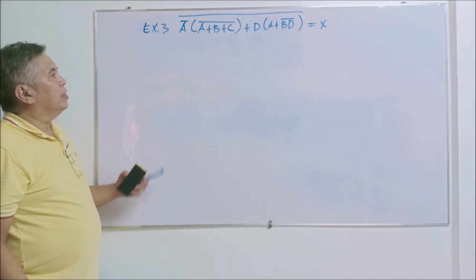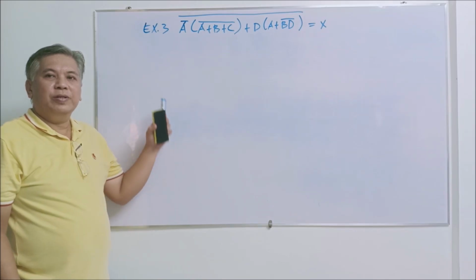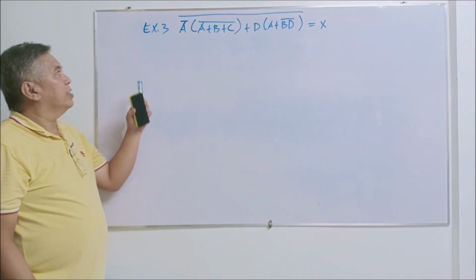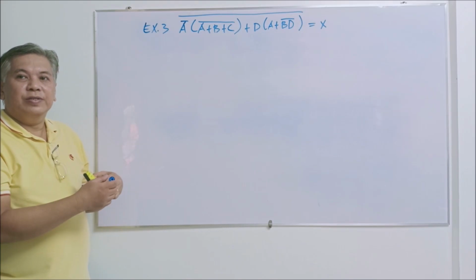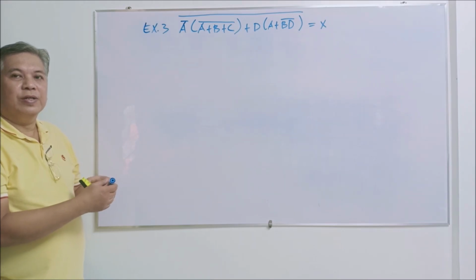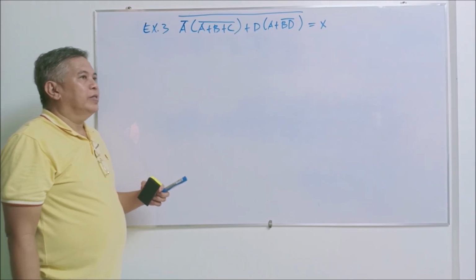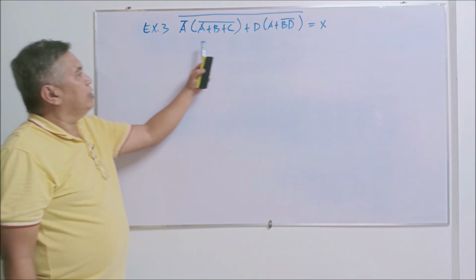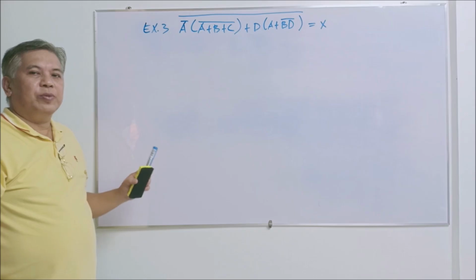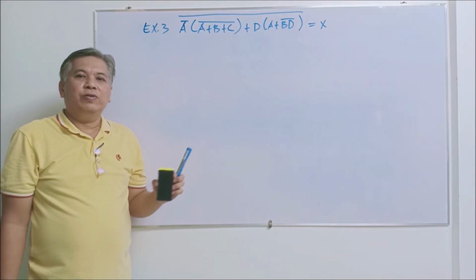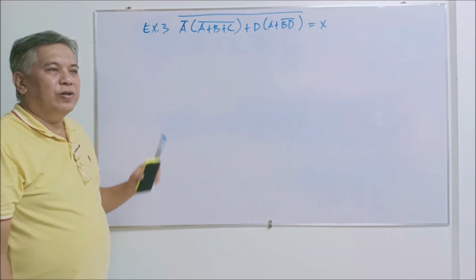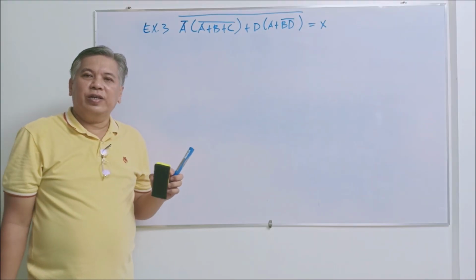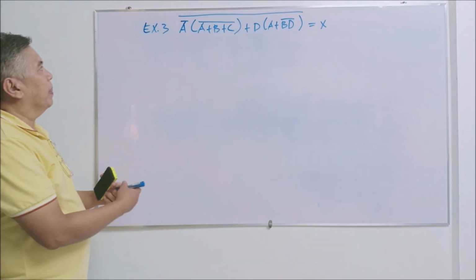Okay, so we have here example number, I think this is example number 4. Example number 3. Okay. So we have this equation, and we want to represent this equation with its Boolean or logical circuit equivalent.